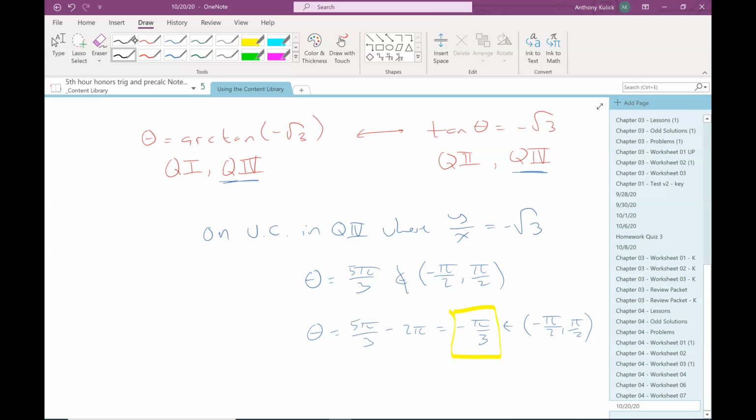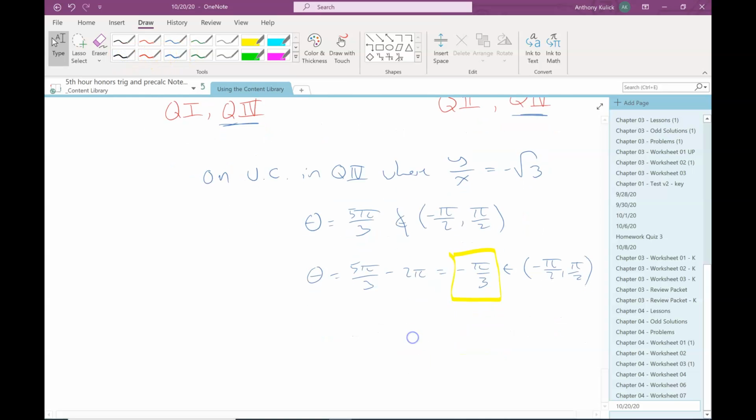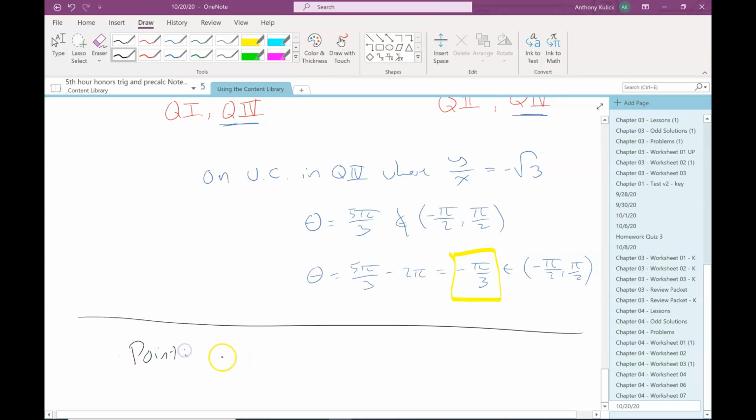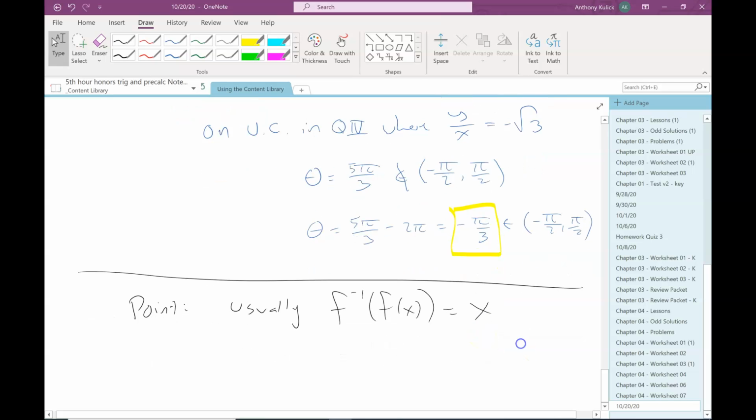I want to point out here something. So usually, if we did f inverse of f of x, we'd expect to get x back, right? Notice that tangent inverse of tangent of 2 pi over 3 gave us negative pi over 3.